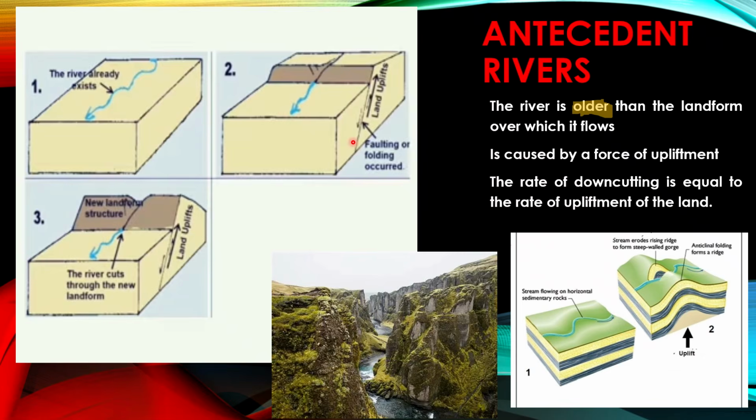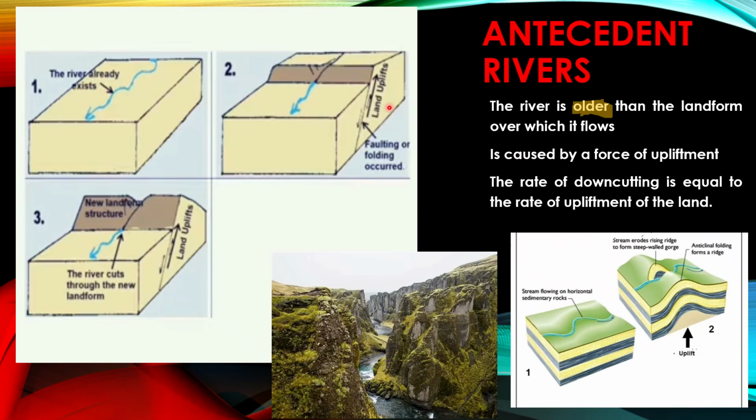Now with antecedent rivers, you will see that the landform will be uplifted. It is caused by a force of upliftment, unlike superimposed, which is caused by a force of erosion, which removes the sedimentary rock layers.